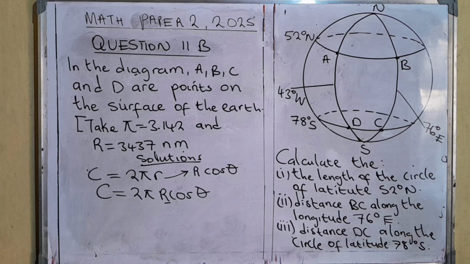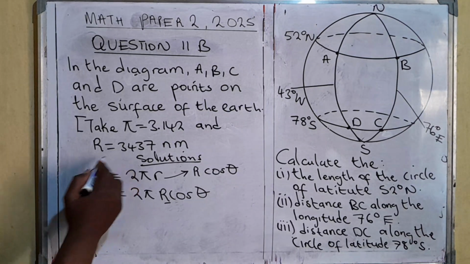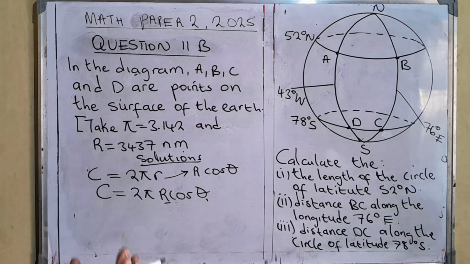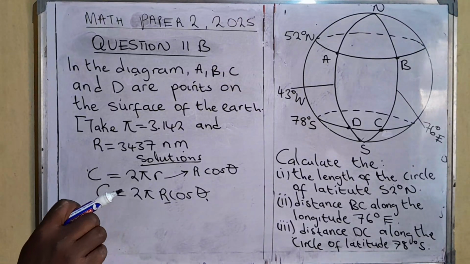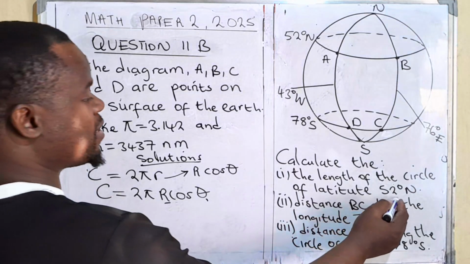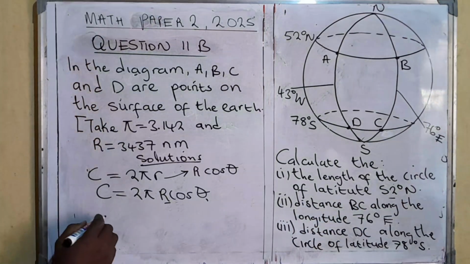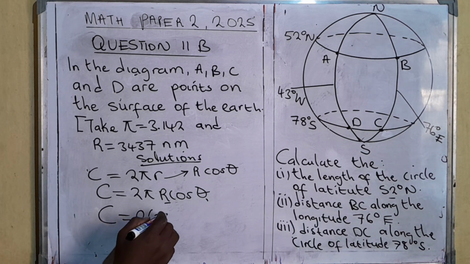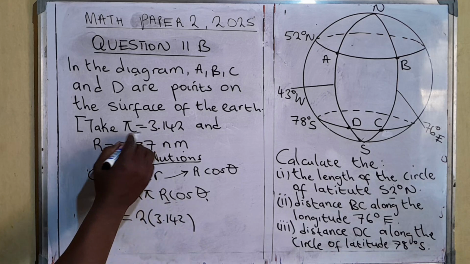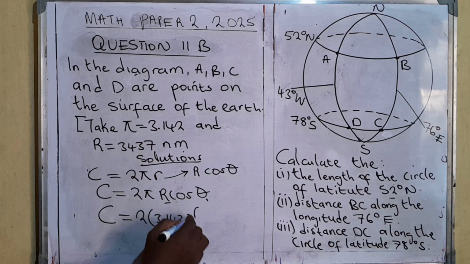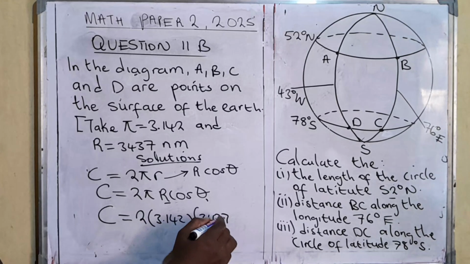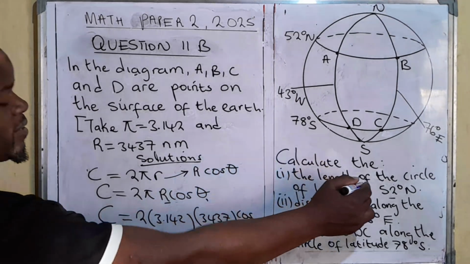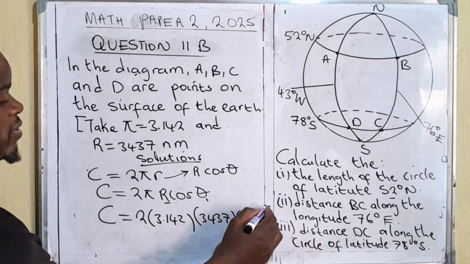This r is actually the radius of the Earth, and that's the one we've been given. It's in nautical miles. Then theta refers to the latitude, which is 52 degrees in this case. So circumference is equal to 2 times 3.142, since pi has been given, then the radius of the Earth, 3437, and then cos theta, the latitude, 52 degrees.